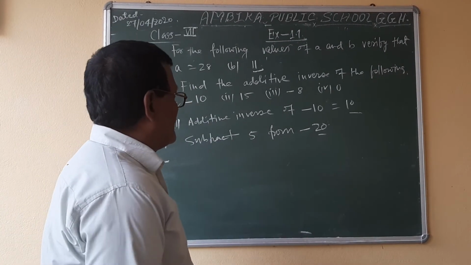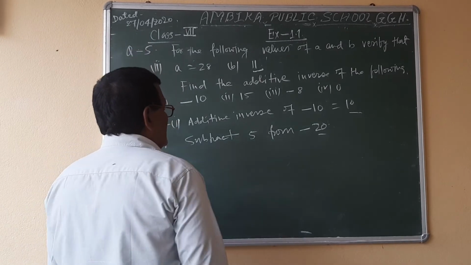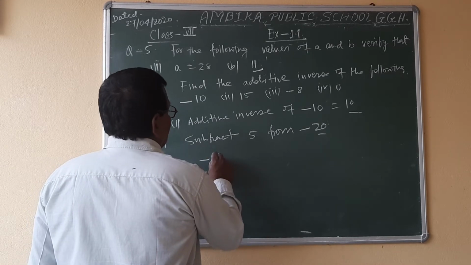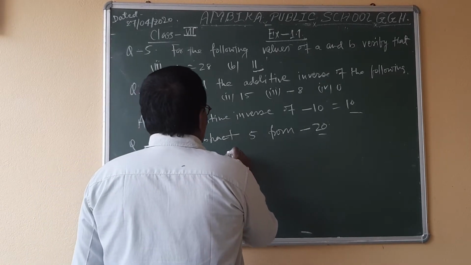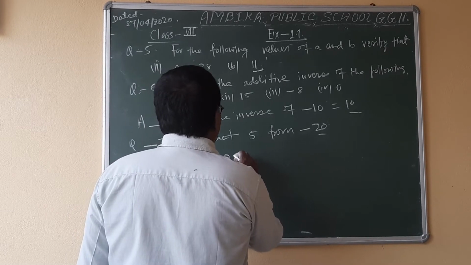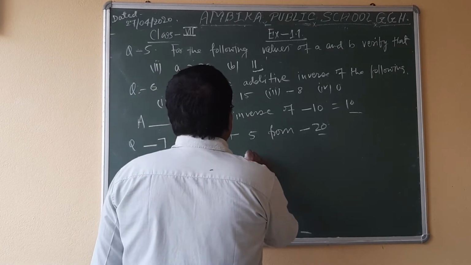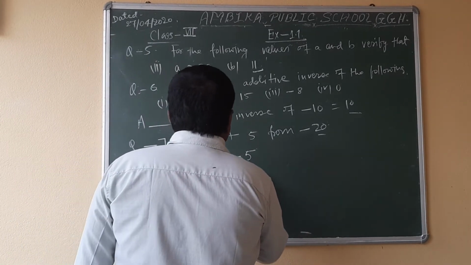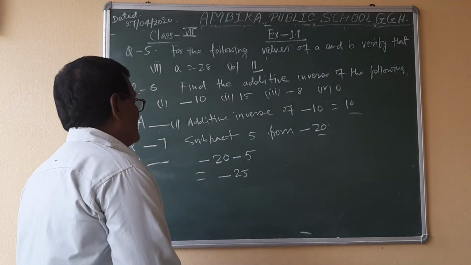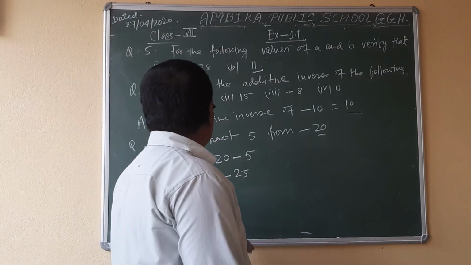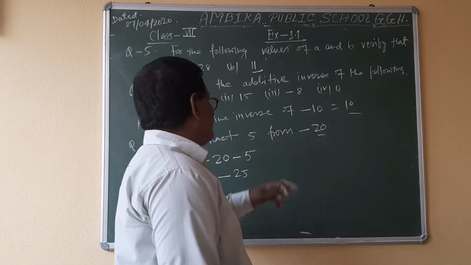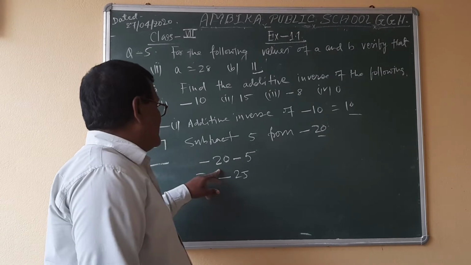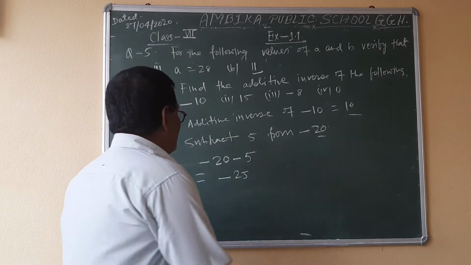Subtracting 5 from minus 20, at first we write minus 20 and write the sign of minus 5. We get minus 25. On subtracting 5 from minus 20, you write minus 20 minus 5. We get minus 25.